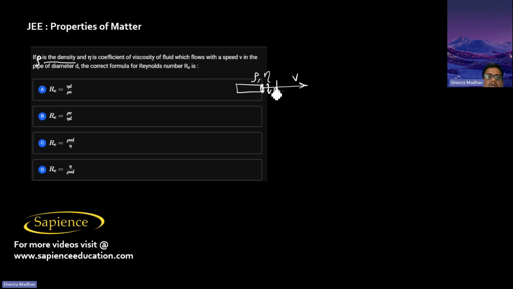The correct formula for Reynolds number Re will be the following.